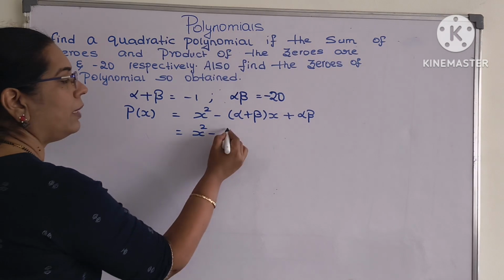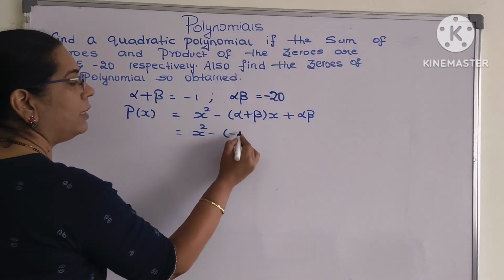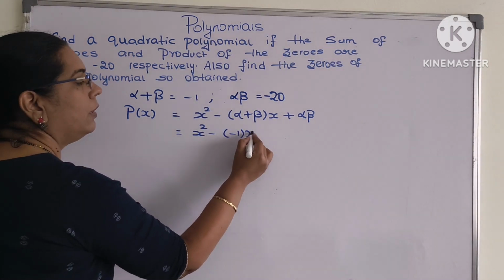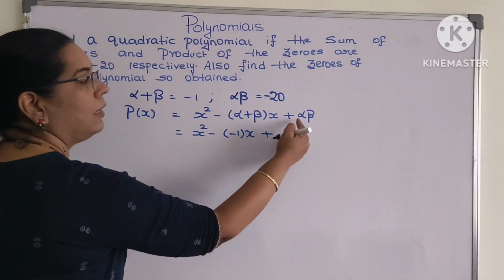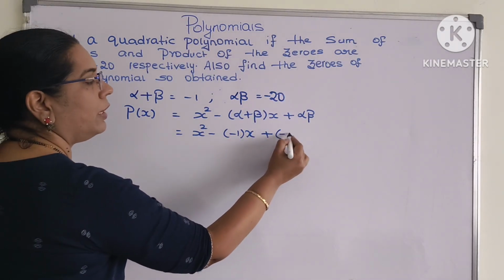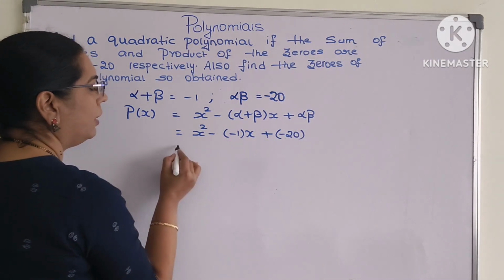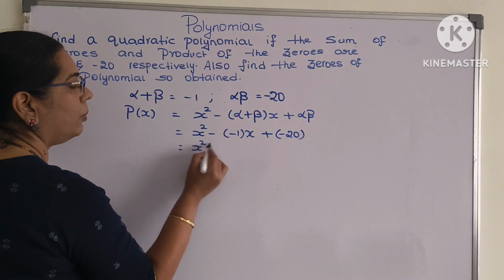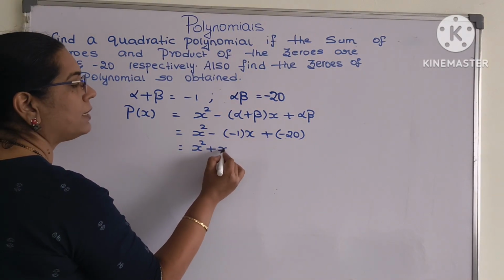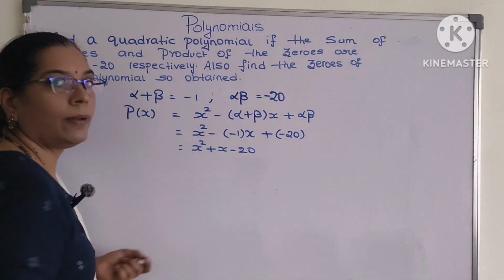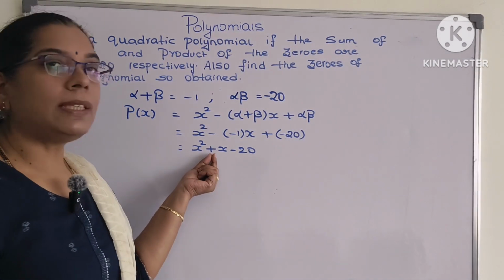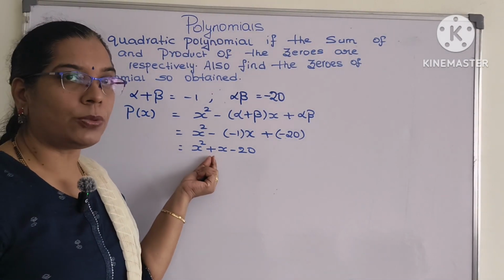X square minus, alpha plus beta is -1, so write that -1 in the bracket, plus alpha beta is -20. So the required polynomial is x square plus x minus 20.